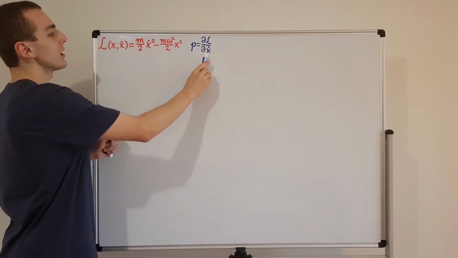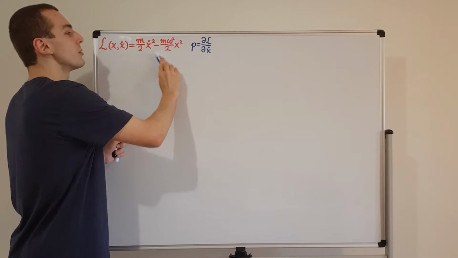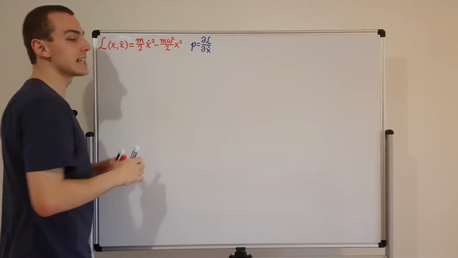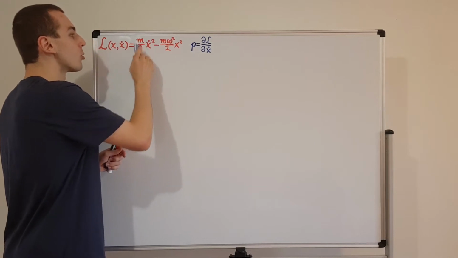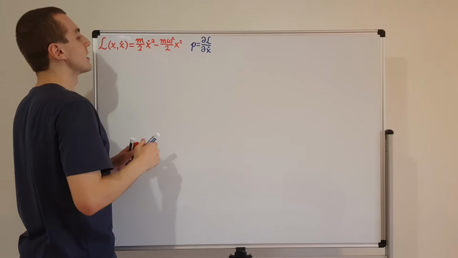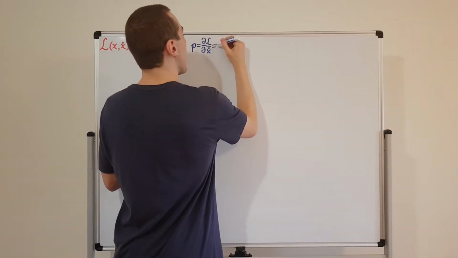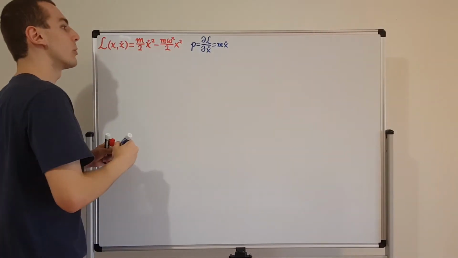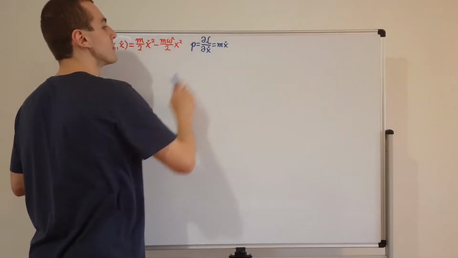It is with respect to x dot. There is no x dot appearing in the potential energy term. There's only an x dot in the kinetic energy term. So we can use the power rule for differentiation, and that's going to get rid of this 2, and it's going to cancel with this half. So that's equal to m x dot.